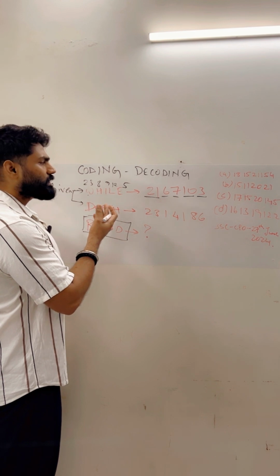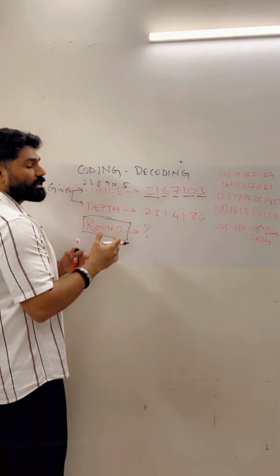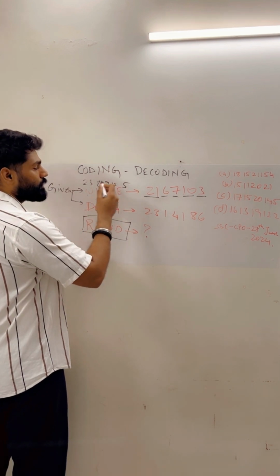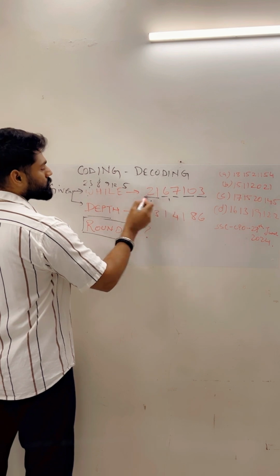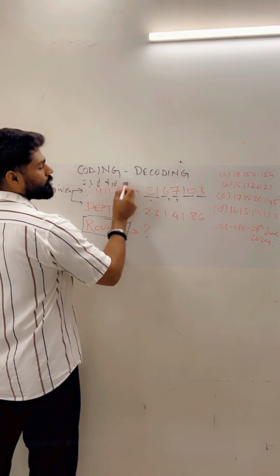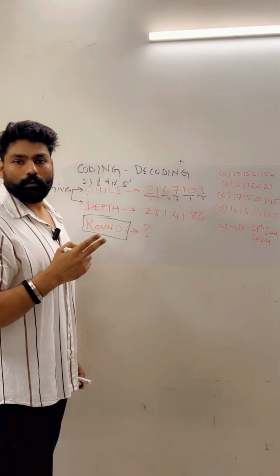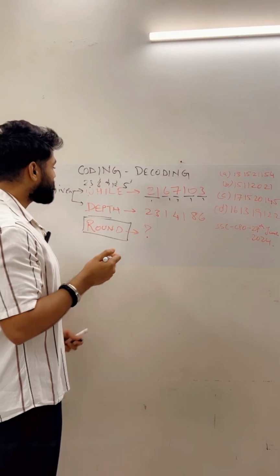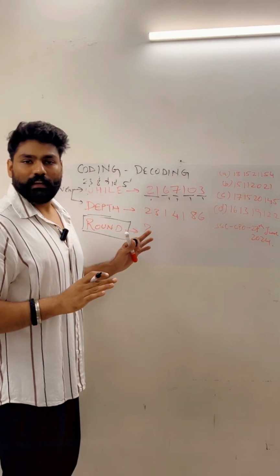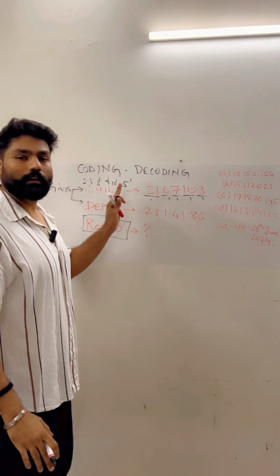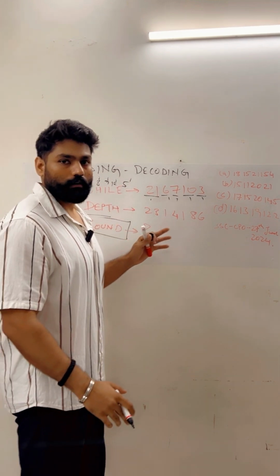Basically, you can see from the question that every consecutive alphabet is getting lesser by 2. 23 is becoming 21, 8 is becoming 6, 9 is becoming 7, 12 is becoming 10, and 5 is becoming 3. So 2 is subtracted from every alphabet. For the second word, you don't even have to look at it, because you get the gist of the question: 2 is subtracted from the consecutive alphabets.